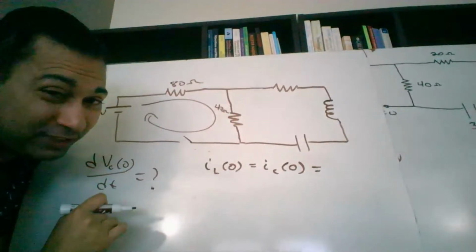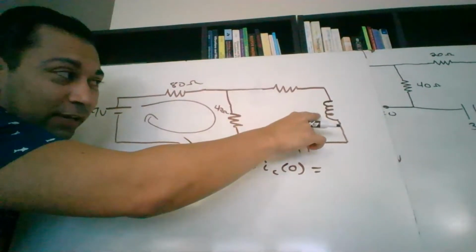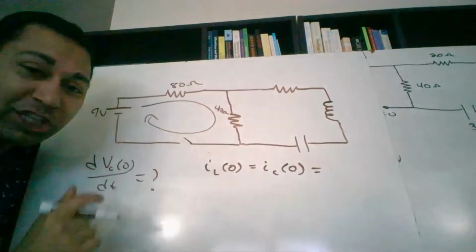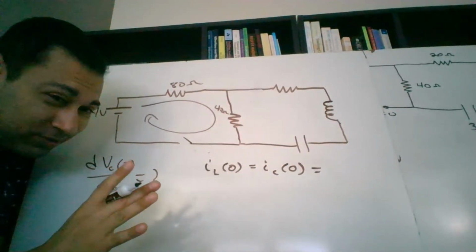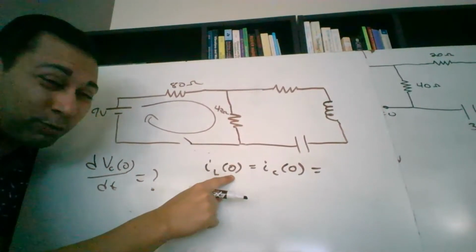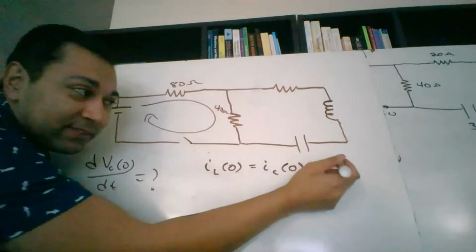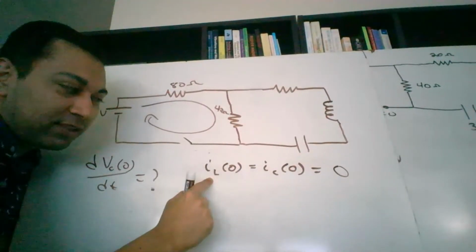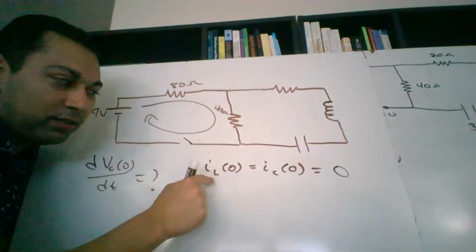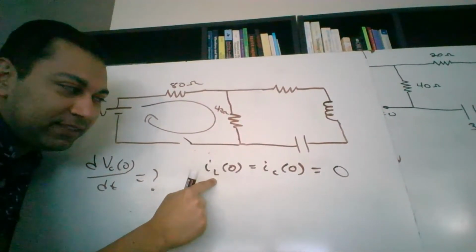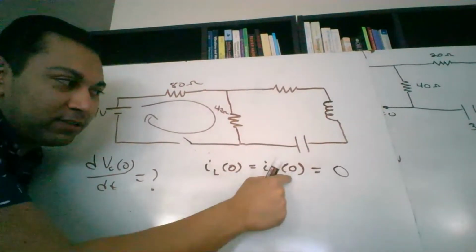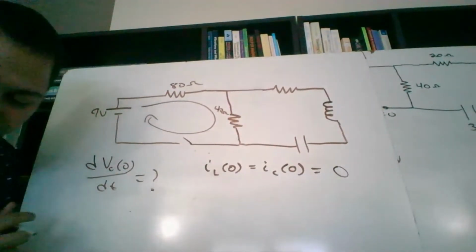And it doesn't want to change the magnetic field. So the current's going to try to remain 0 here so that the magnetic field doesn't change. So the current through the inductor at time equals 0, because it doesn't want to change, has to equal 0. And because the current through the inductor is the same current that's going through the capacitor, the current through the inductor at time 0 equals the current through the capacitor at time equals 0, and they're both equal to 0.